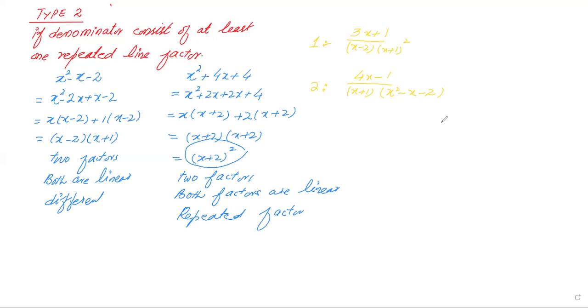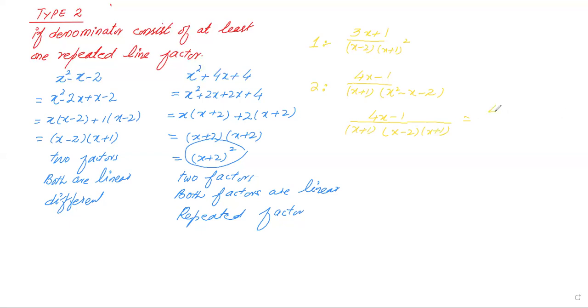Just observe over here: right now I am unable to decide which type of partial fraction this is, but I have to make the factors of the denominator. So I will get x plus 1 into x minus 2. We have two factors with the same linear terms.